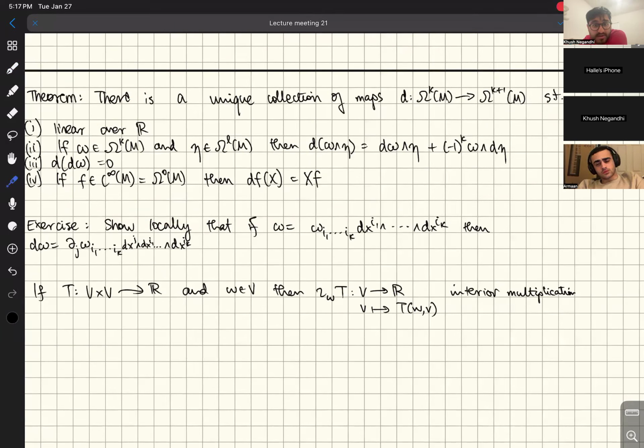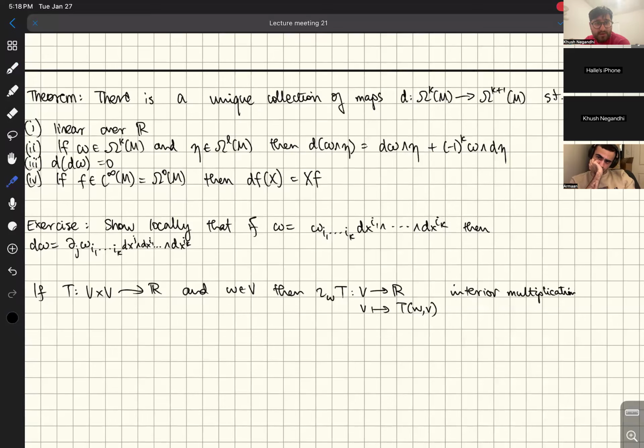Sorry, just give me a second. And while we wait, there's also a formula that relates the exterior derivative to the interior multiplication map, and that formula is called Cartan's magic formula.